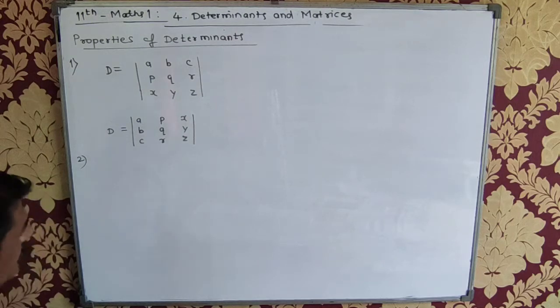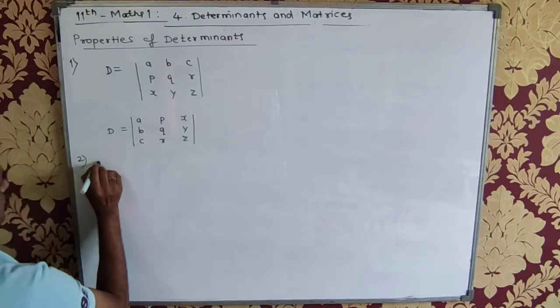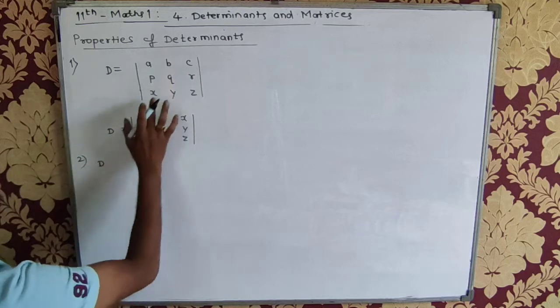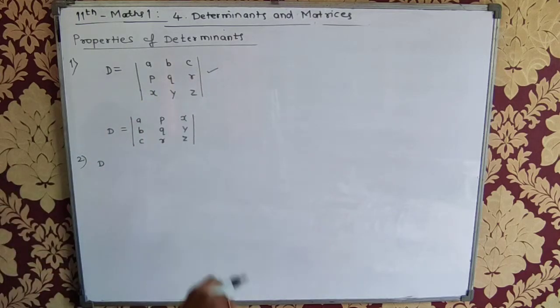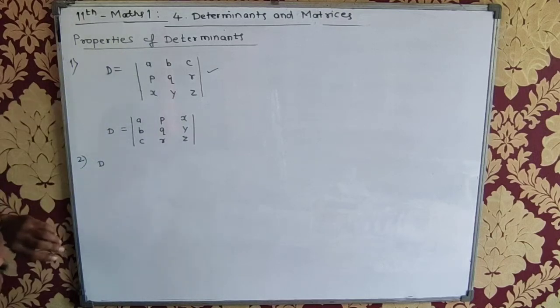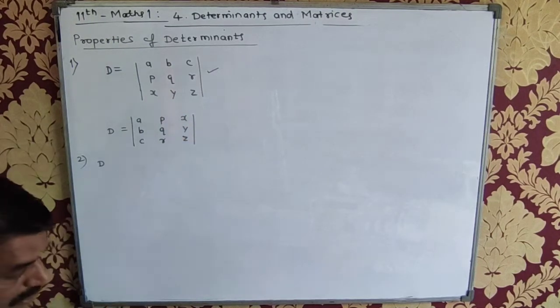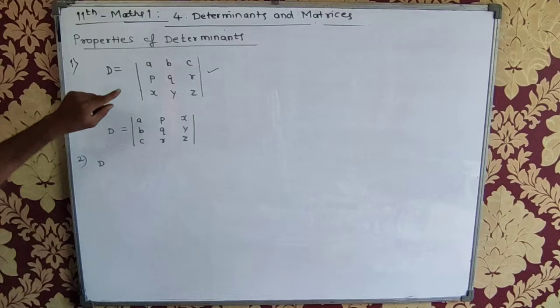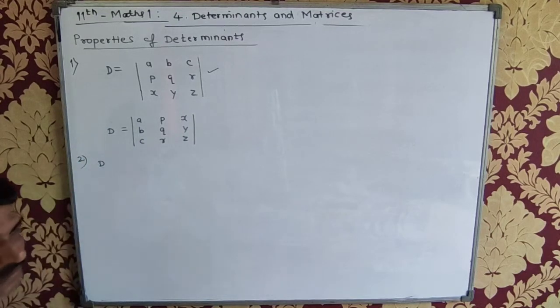Second property. Suppose this determinant is D. If any two rows or any two columns of the determinant are interchanged, the value of determinant changes in sign only.